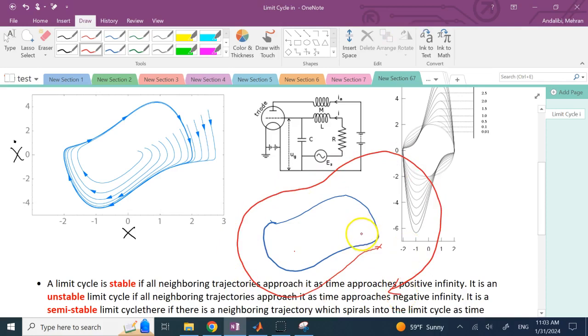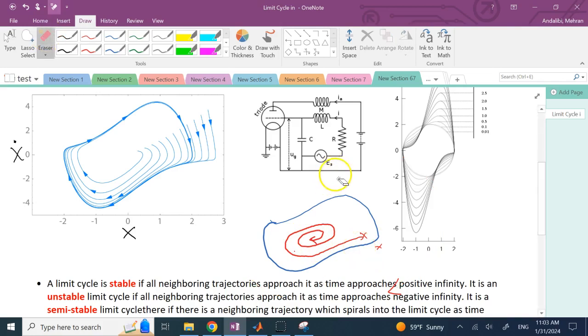And if you start inside of it, then instead of going closer to it, you get further and further away from it. So you get an inward spiral. Okay, so that is an unstable limit cycle. And there are scenarios where, depending on where you start, inside of it you might get away from it, but outside of it, you can converge to it.